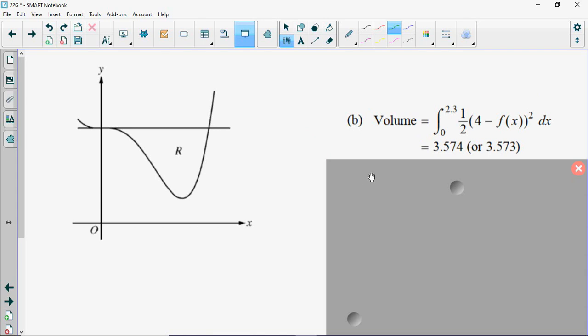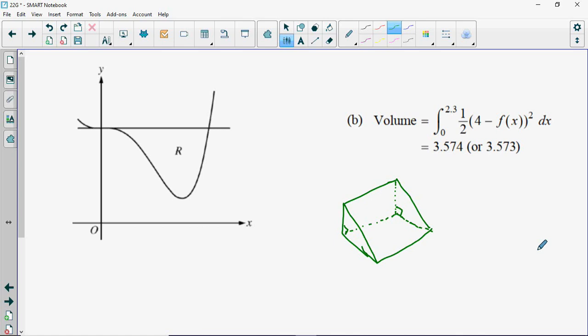Now, I kind of think of this as being kind of like finding the volume of a prism, only I'm obviously breaking a few of the rules here. Like with a prism, I would have two parallel bases which would be congruent. So in this case, those are going to be these two isosceles right triangles. And to find the volume, I would take the area of one of those and then multiply that by the height. In this case, my height is really the distance from 0 to 2.3.